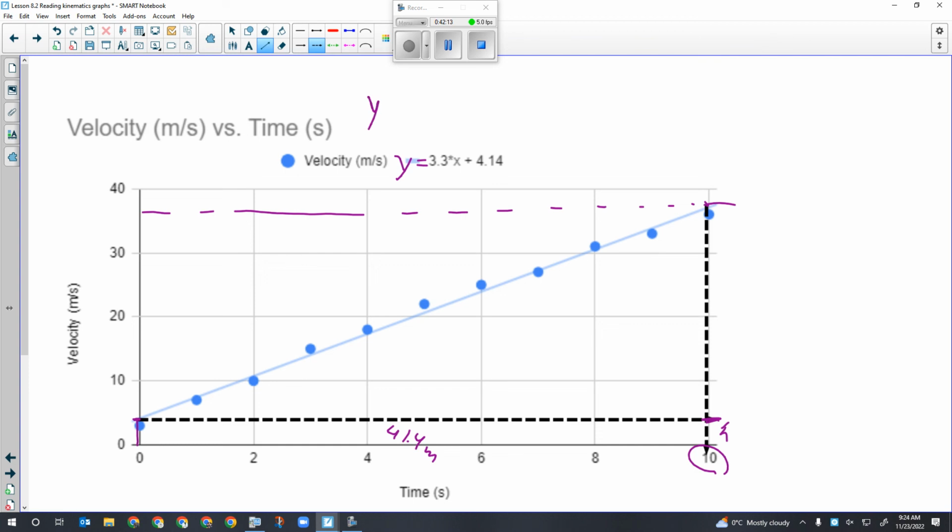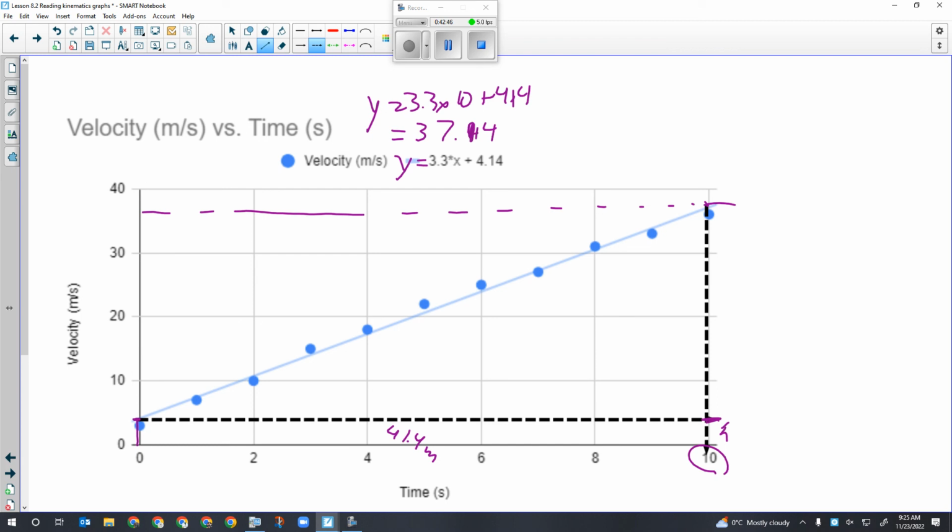So I'm going to go y equals 3.3 times 10 plus 4.14. No, 37.14. So now the top of my triangle is at 37.14 meters per second.